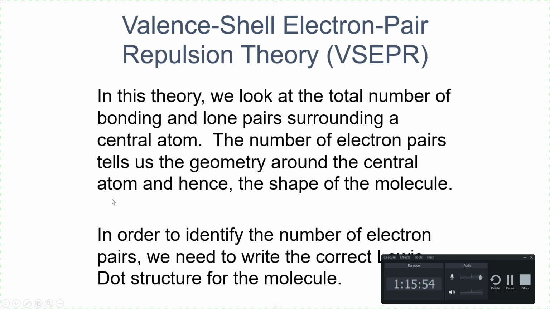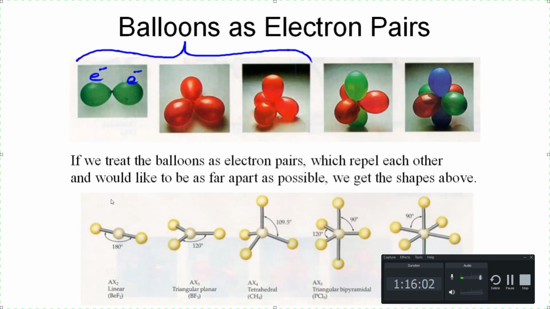So first, we need a correct Lewis dot structure. Then I'm going to convert that Lewis dot structure to a geometry. So here is the slide I like to show electron pair geometries. Now, there's a difference between electron pair geometry and molecular geometry. We're going to deal with electron pair geometry, and I'll explain the difference in a few minutes.